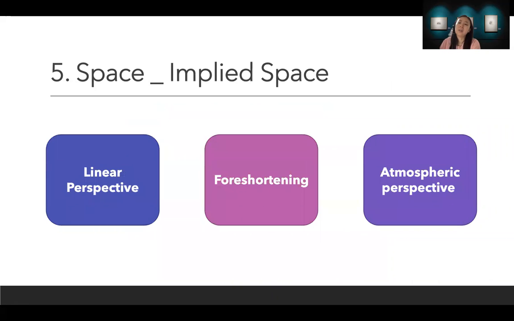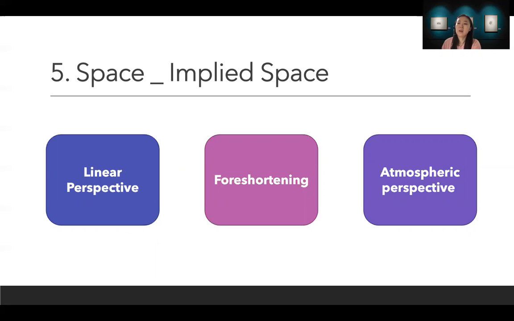And artists, like a sculptor and an architect, draw a picture plan with implied space before they create the actual piece of art. So you can make implied space with the linear perspective technique on a two-dimensional surface.